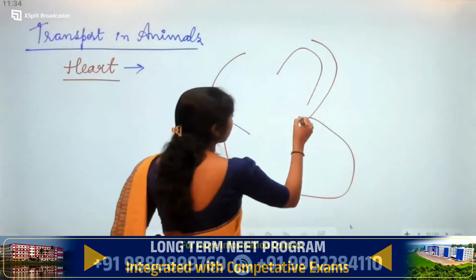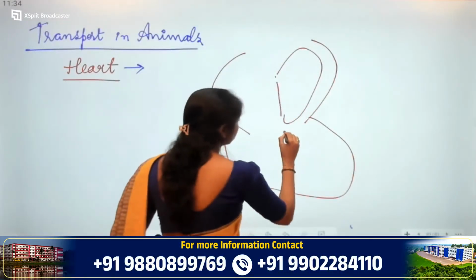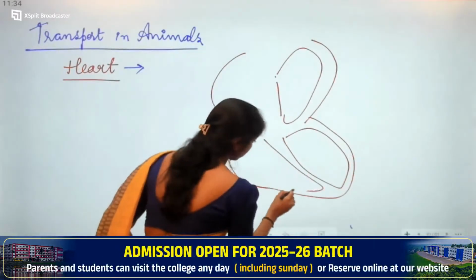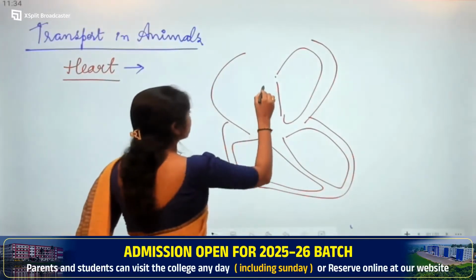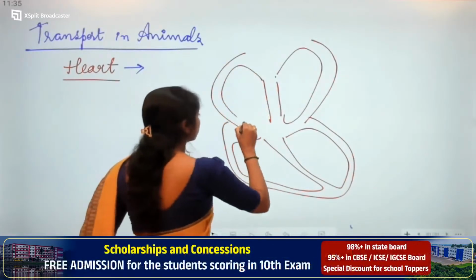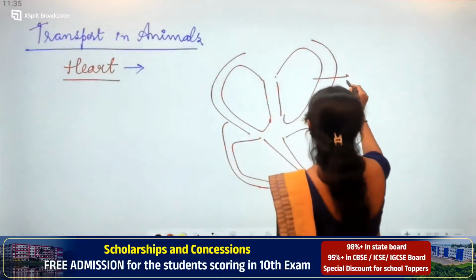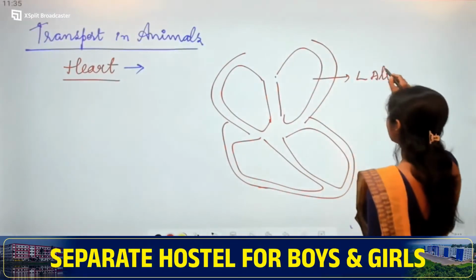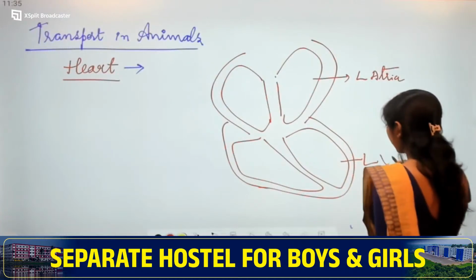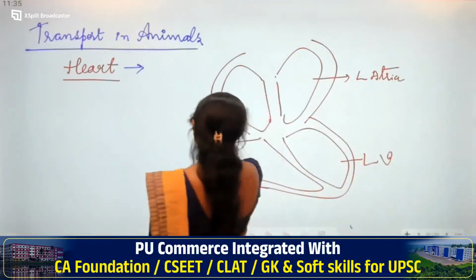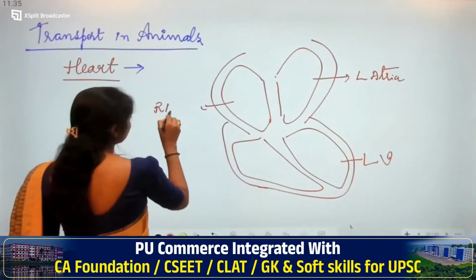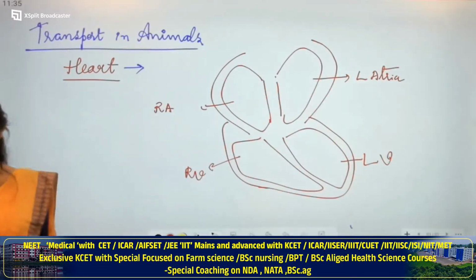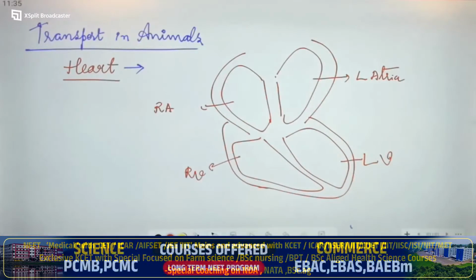The upper chambers are the left atria, or you can call them auricles, and the right atria. The lower are the left ventricle and the right ventricle. These are the 4 chambers of the heart.